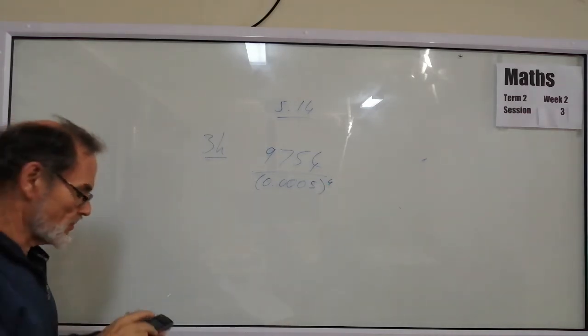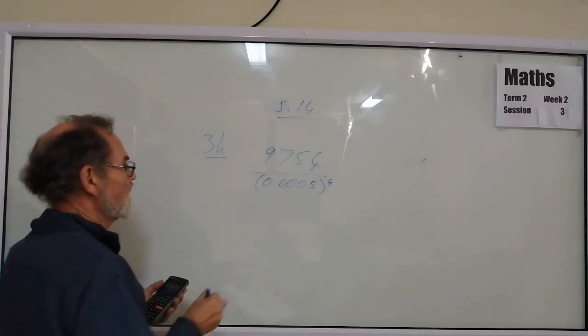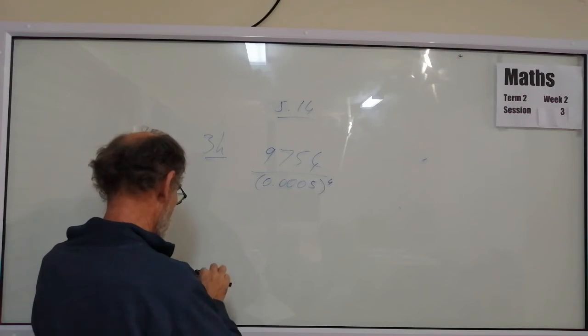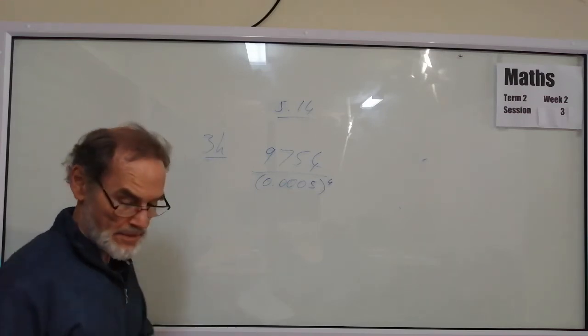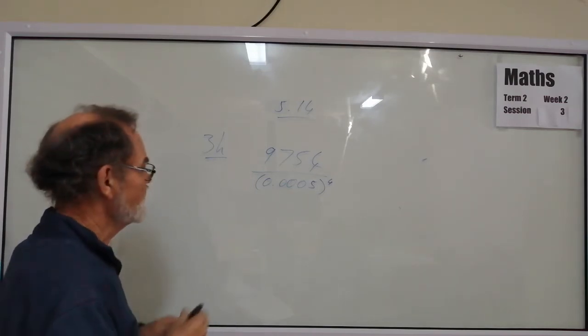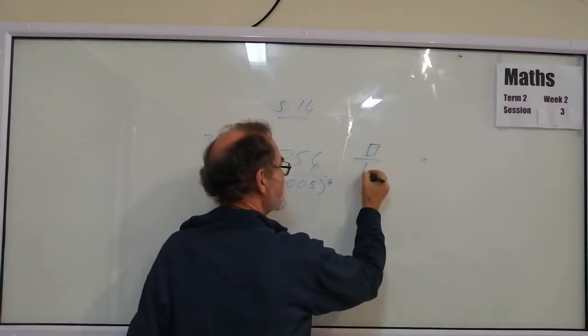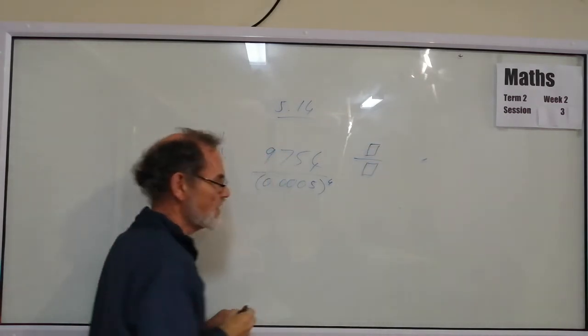So what I'm going to do is I'm going to key in 9754. First of all, I'm going to use the fraction key, which looks like this. Most calculators now have that key.